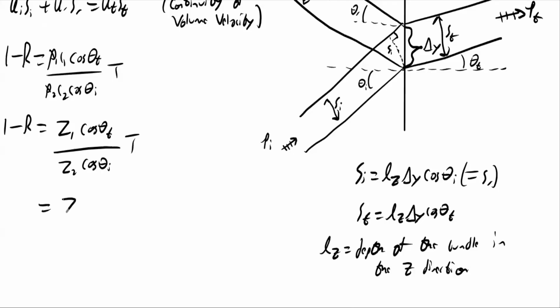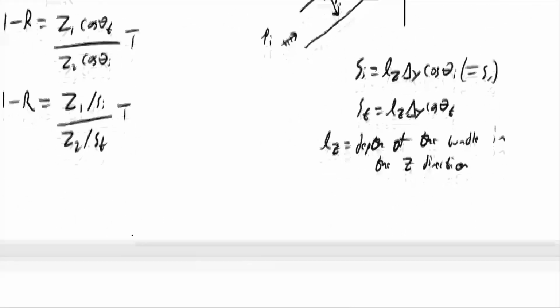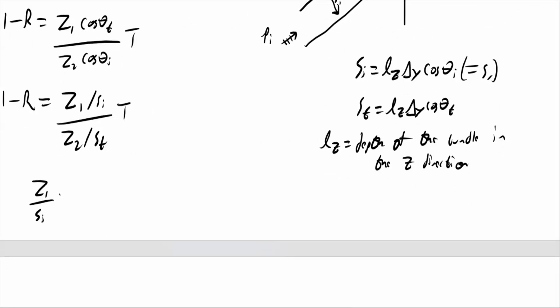And so the left-hand side can become Z1 over SI divided by Z2 over ST. If you do the math, noting that delta Z and delta Y are canceling on top and bottom. And one final step, we note that Z1 over SI is really the acoustic impedance of the first medium, and Z2 over ST is the acoustic impedance of the second medium.